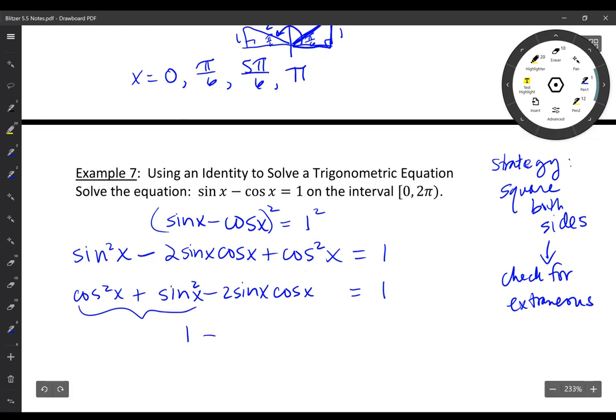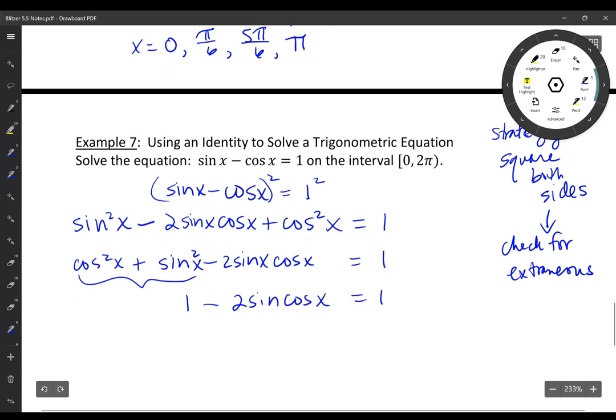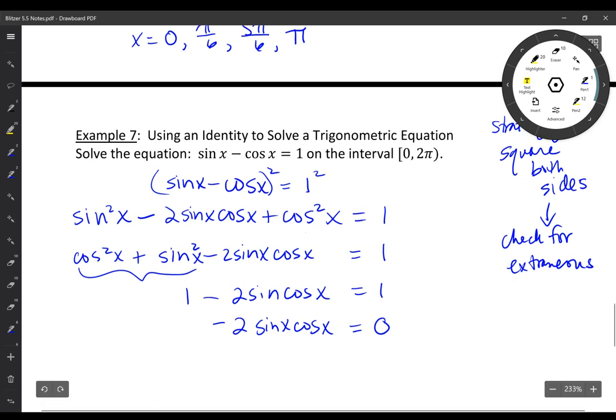So I'm going to get 1 minus 2 sine x cosine x. There's a 1 on both sides, so we subtract it. So now we have minus 2 sine x cosine x equals 0. And then we can divide by negative 2, and we'll have sine x cosine x equals 0.